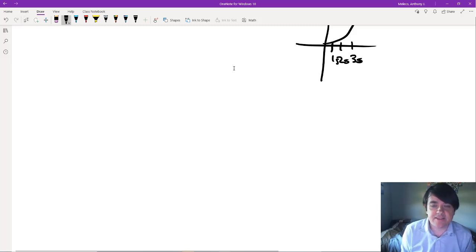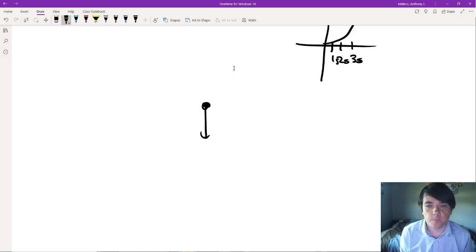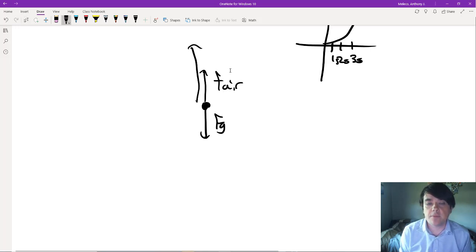And the reason for that is air resistance is a force. So if you have something falling, you have the force of gravity pulling down, and we'll talk about forces in a second, but you can imagine gravity points down. You have another force that points up, and that's air resistance. And air resistance actually grows over time as your velocity increases.